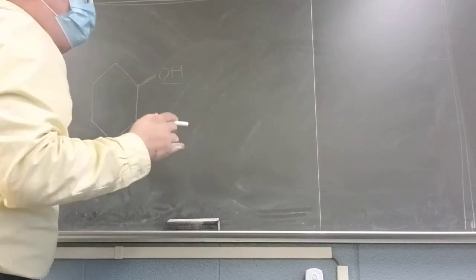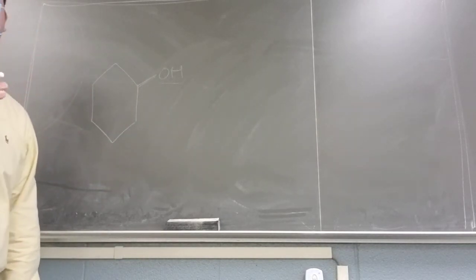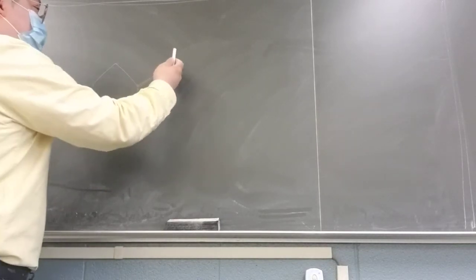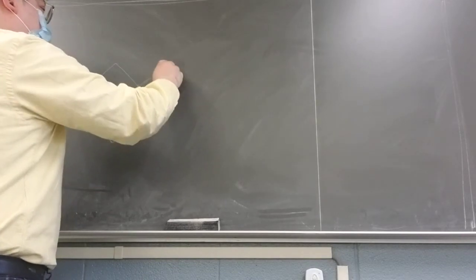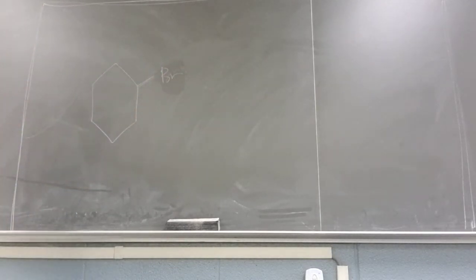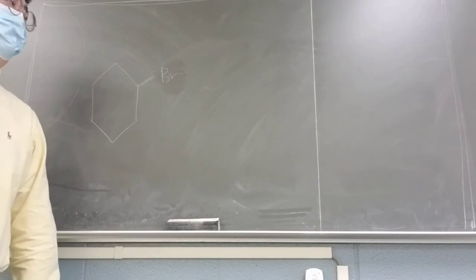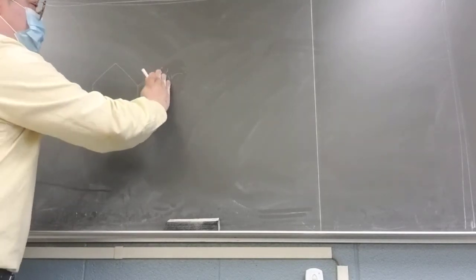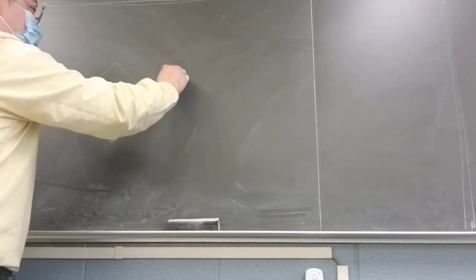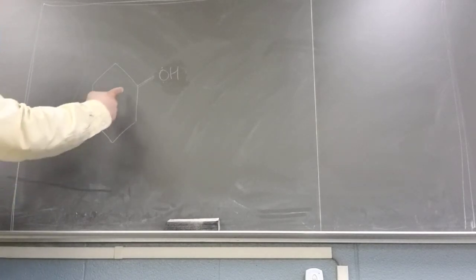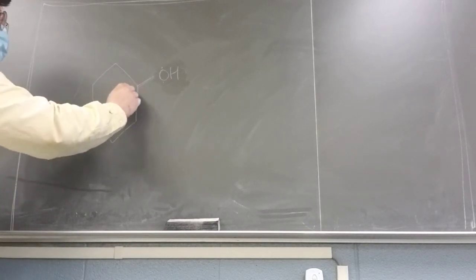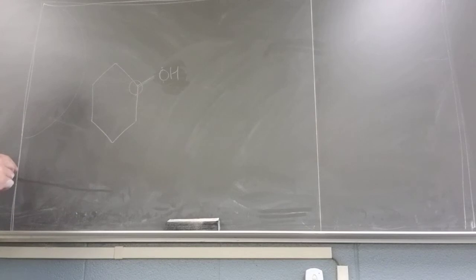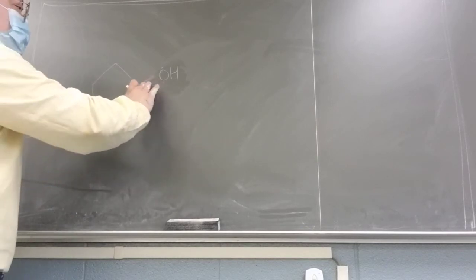In that case, you don't have to worry about it, because you can just replace it with this one, since it didn't specify stereochemistry. But in here, actually, it's a good question. You don't have to do this because it's not a chirality center.